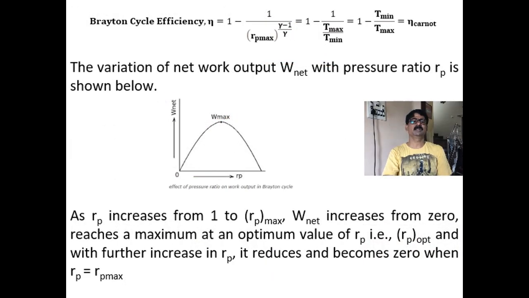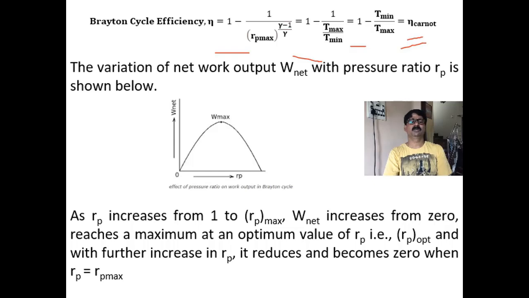Brayton cycle efficiency is nothing but 1 minus 1 by Rp to the power gamma minus 1 by gamma. So you can write it as 1 minus 1 by Tmax by Tmin, or 1 minus Tmin by Tmax. That is how it is proved that the efficiency of the Brayton cycle at Rp equal to Rp max is equal to eta Carnot.